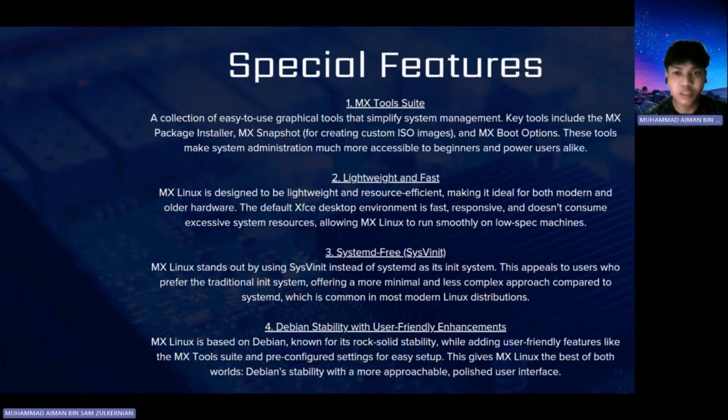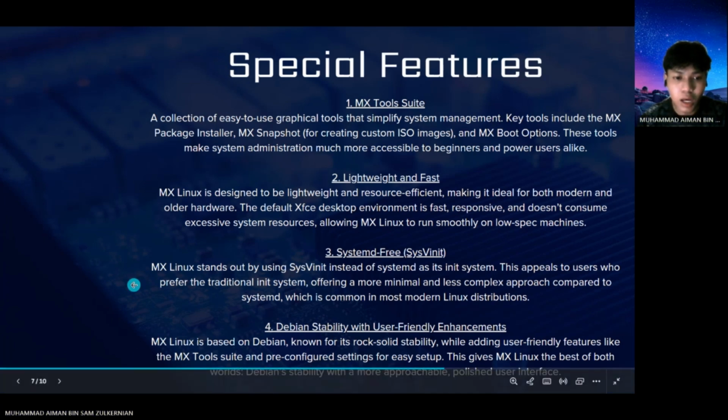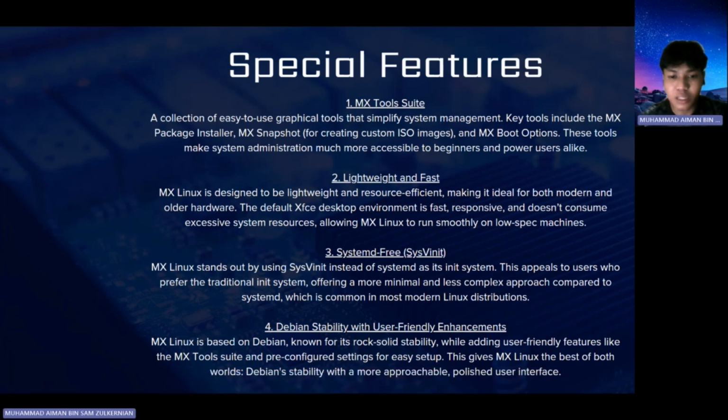Number 4 for special features: Debian stability with user-friendly enhancements. MX Linux is based on Debian, known for its rock-solid stability, while adding user-friendly features like the MX tools suite and pre-configured settings for easy setup.